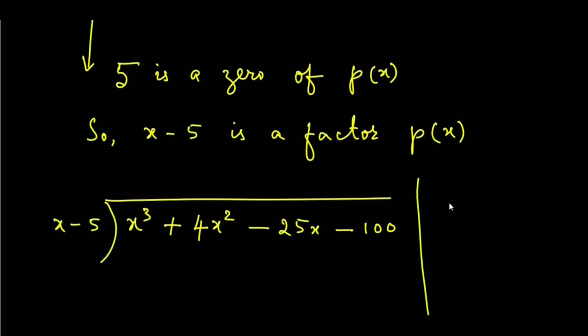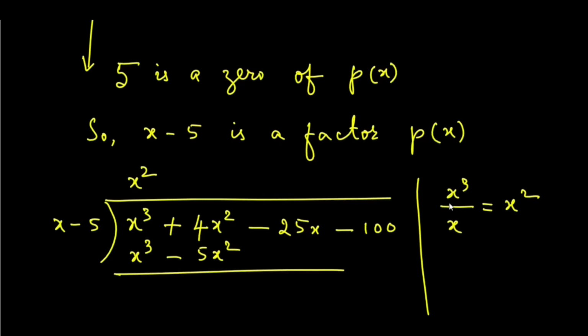So here x cube by x, this is x square. X square is the first term of the quotient. X square into x minus 5 gives x cube minus 5x square.